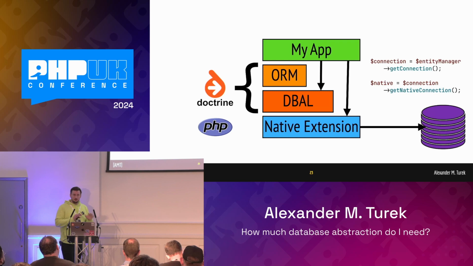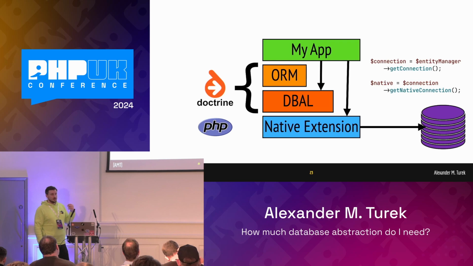And also, there might be cases where even the DBAL is too abstract for you. You need a very specific feature of the native database extension for your favorite database. Because you need to access a feature that the DBAL doesn't have an abstraction layer for, then please go ahead, go one level deeper, and use the native extension for those particular cases.